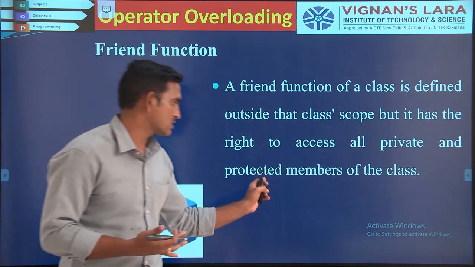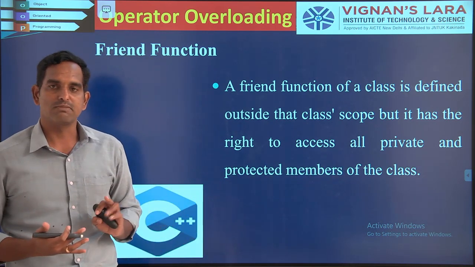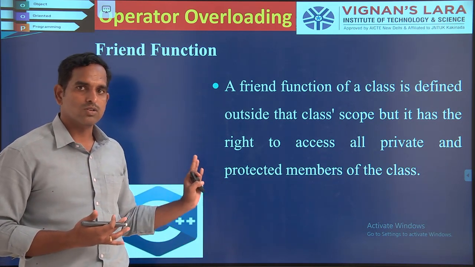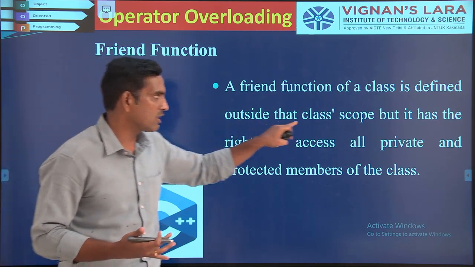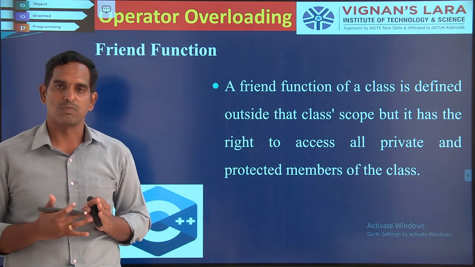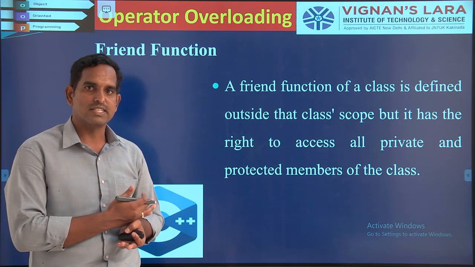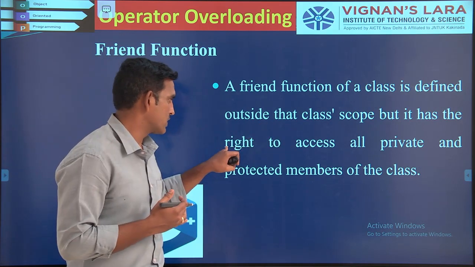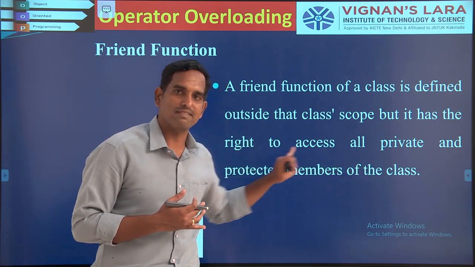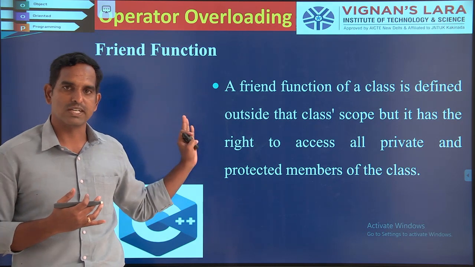It can access both the private and protected members of your class, and this friend function will be defined outside the class scope. It will not be defined inside the class. It will be defined outside the class scope, and it has rights to all the private and protected members of your class.